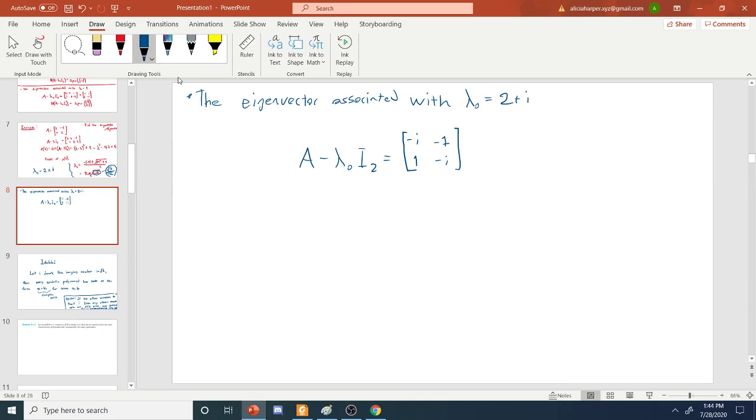And now I want to figure out the null space of this.